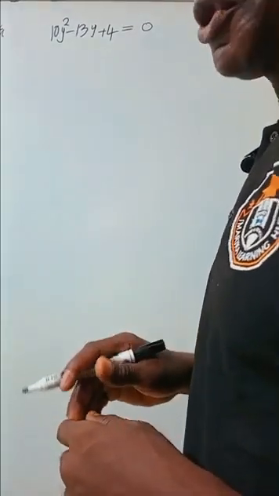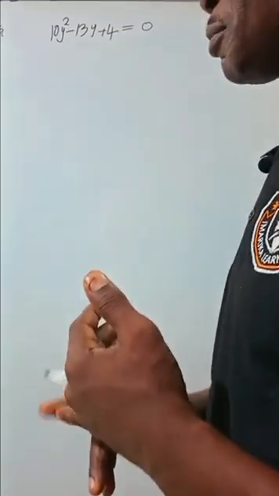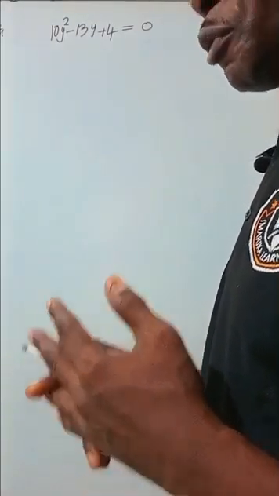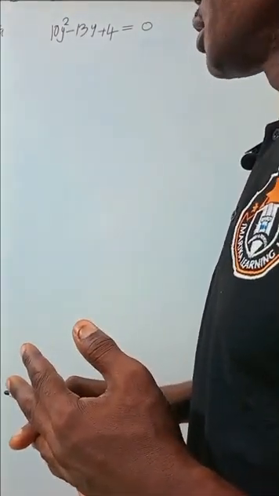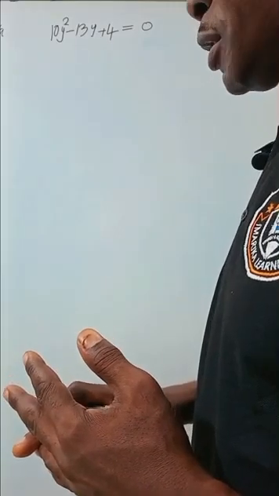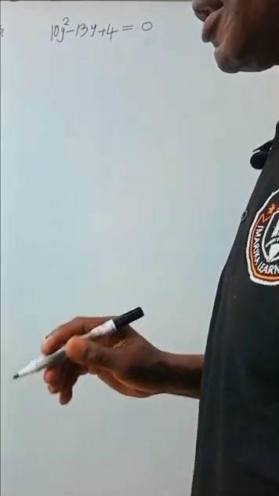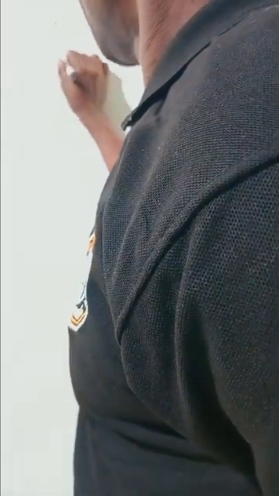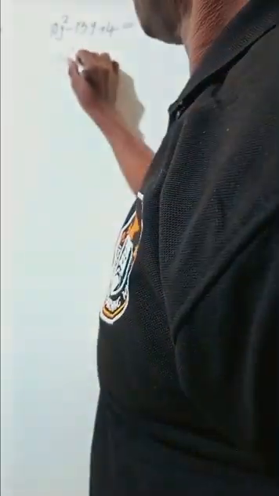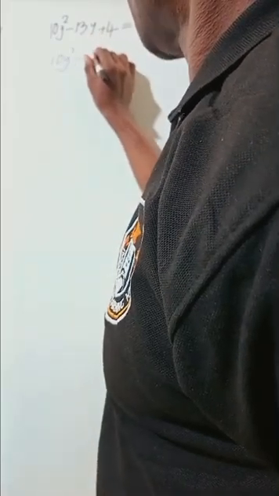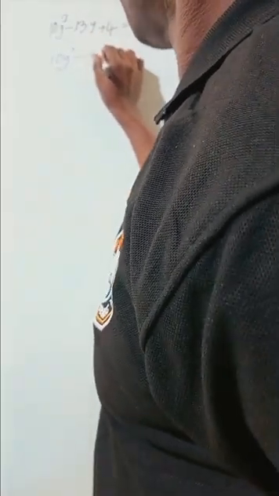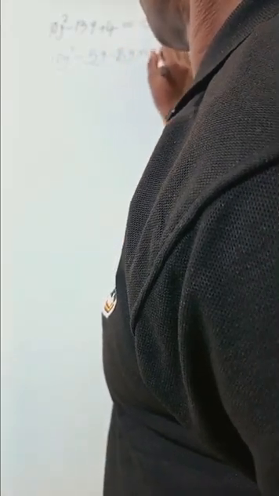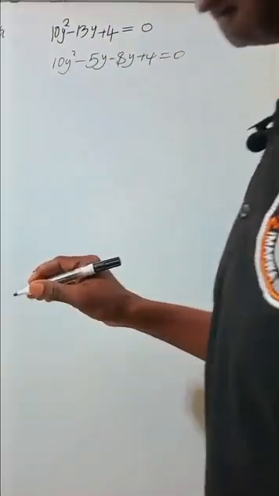So factors of 40: 10 times 4 is one of them. Then you can also have 5 times 8, yes, that's 40, and the sum is 13. Okay, so let's take this one. We shall have 10y squared minus 5y minus 8y plus 4 equals 0.